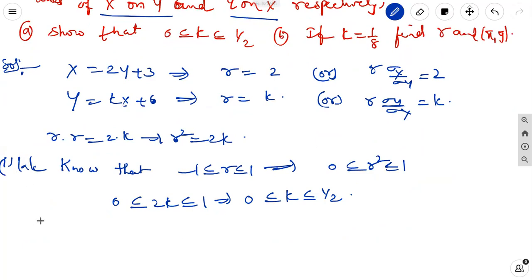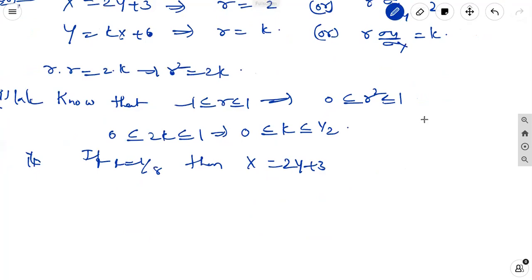The second one: if k = 1/8, then what are the means? x = 2y + 3 and y = (1/8)x + 6. From this, 8y = x + 48.